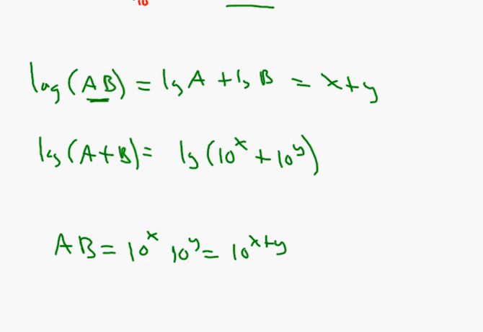Okay, so let's try another problem. Suppose you are given the following facts. P equals the ln of m, and Q equals the ln of n, and we ask about these expressions. What's another way to write the ln of n times m to the fourth?